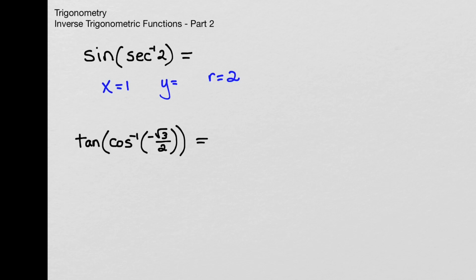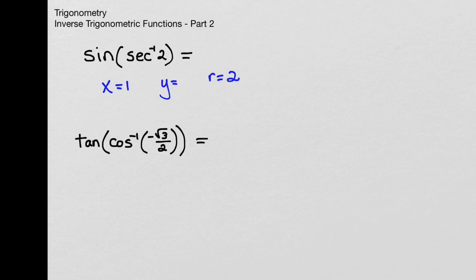And because r has to be positive, always, then since we're taking the secant inverse of 2, 2 over 1 is positive, so the x value has to be positive. So when we have a positive ratio here, we must be working within the first quadrant. And so the x is going to be positive and the y is going to be positive as well.